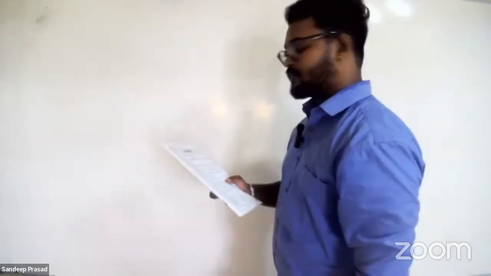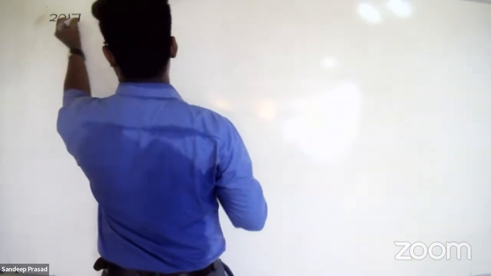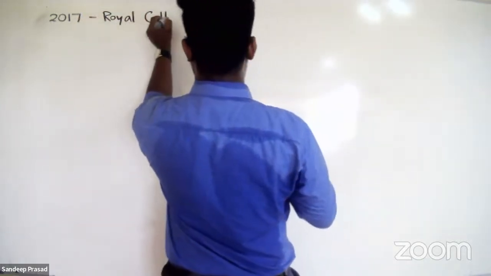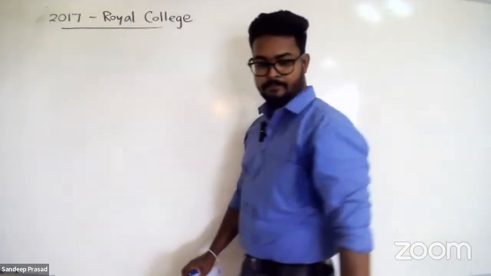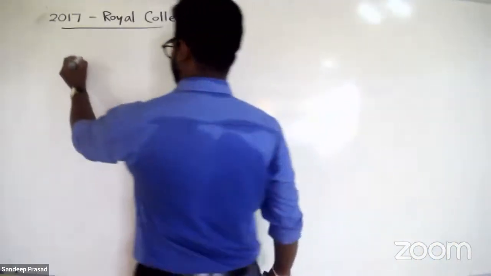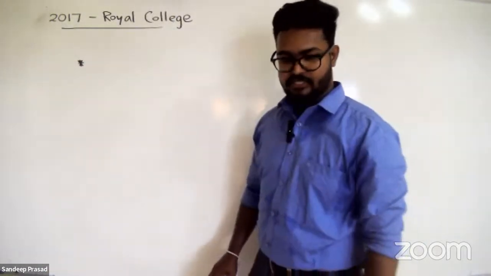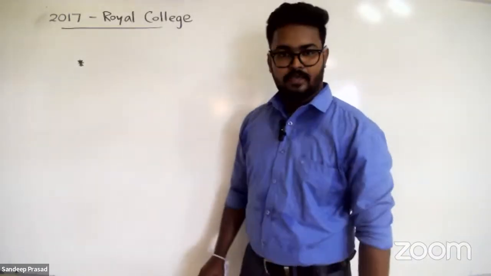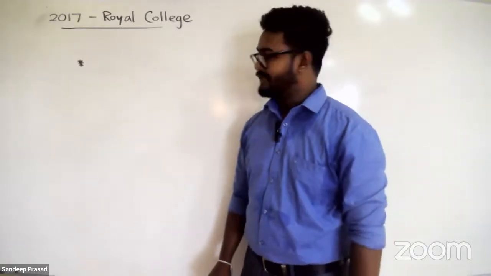So the first paper that we are going to discuss is the 2017 Royal College paper, right? So this is the very first paper that we are going to discuss. Remember, the intention, you have to understand before we go for the discussion. Listen to this one. The intention of conducting this paper class is to prepare you for the first term examination that they are going to conduct in your school, right?